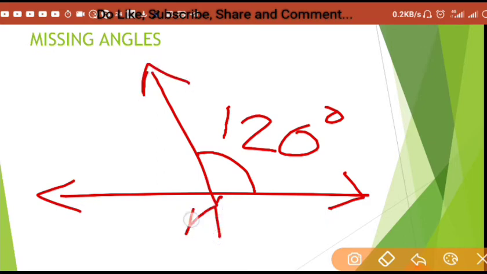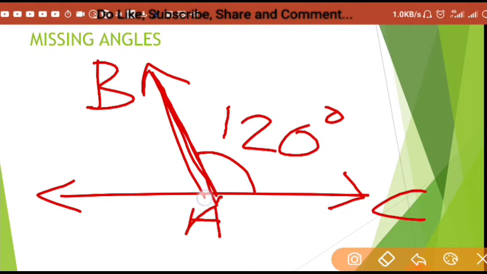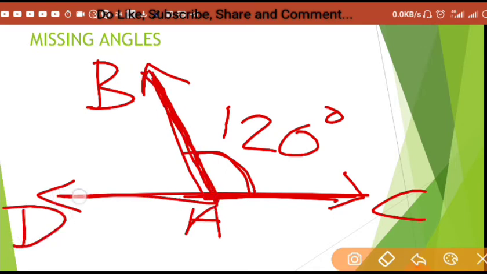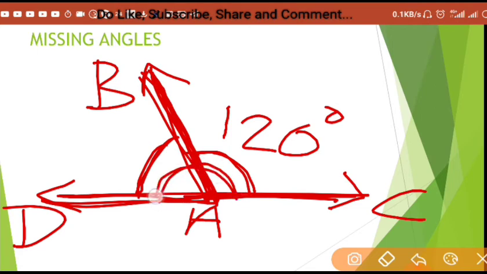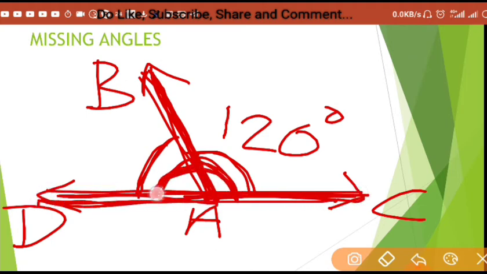So we can say this is A, this is B, and this is C. So angle BAC is 120 degrees. Now what is the value of this angle BAD? The total angle, which angle is this? A straight angle, DAC is a straight angle.